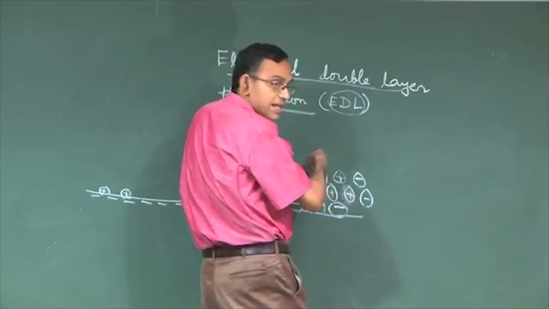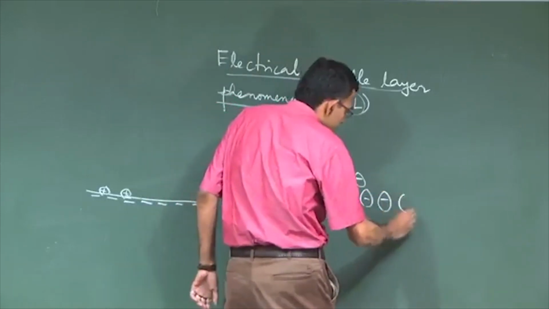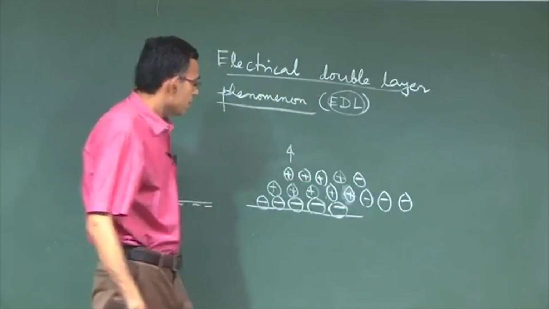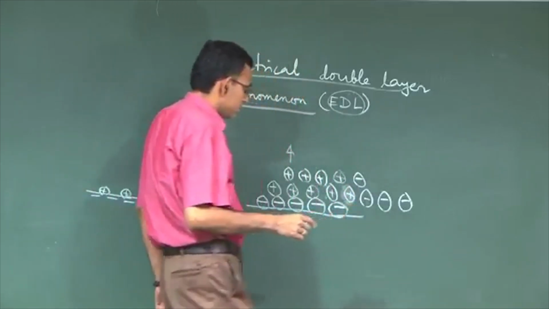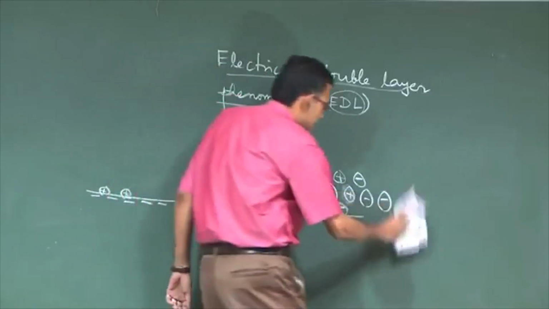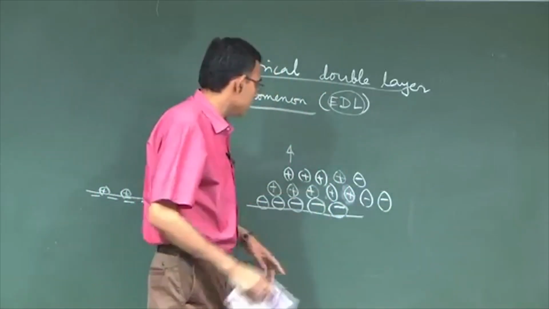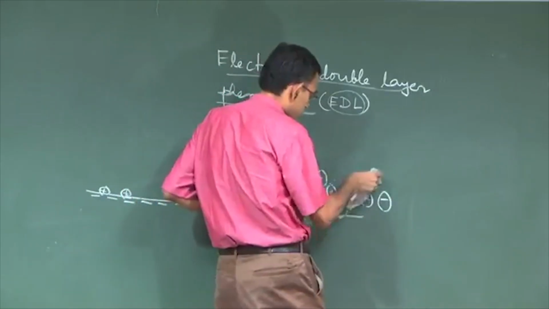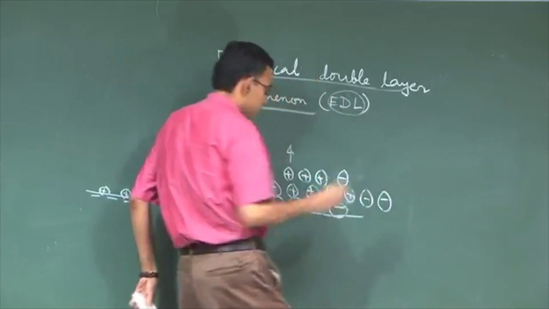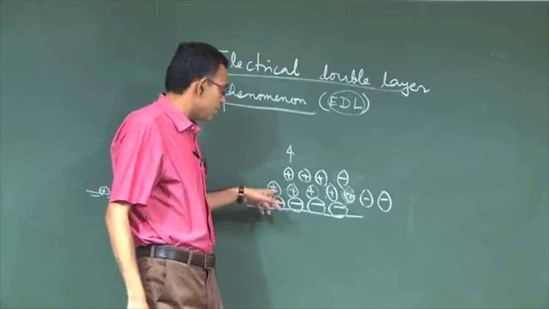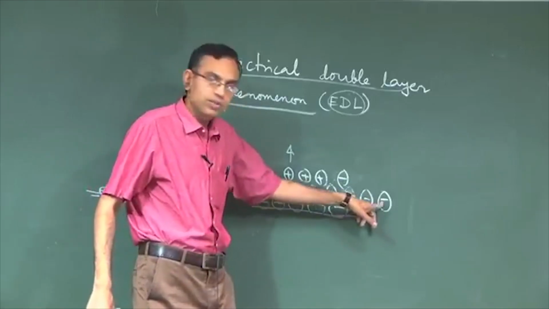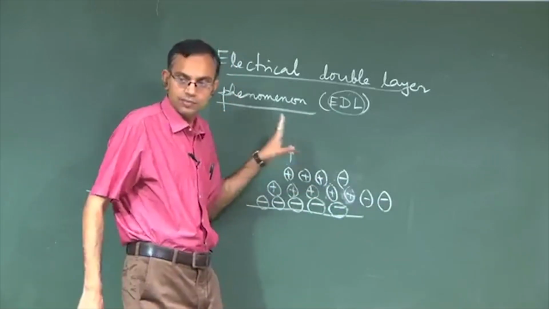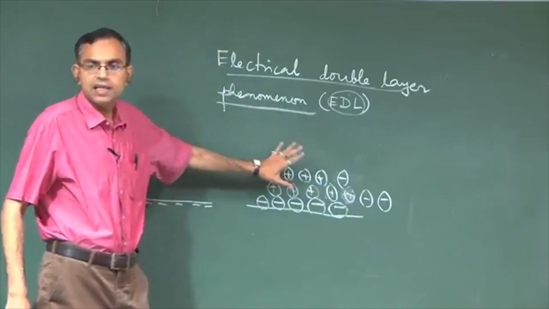The total remaining will be +5, so that +5 and -5 makes it neutral. This is a hypothetical picture, do not think that this actually happens.